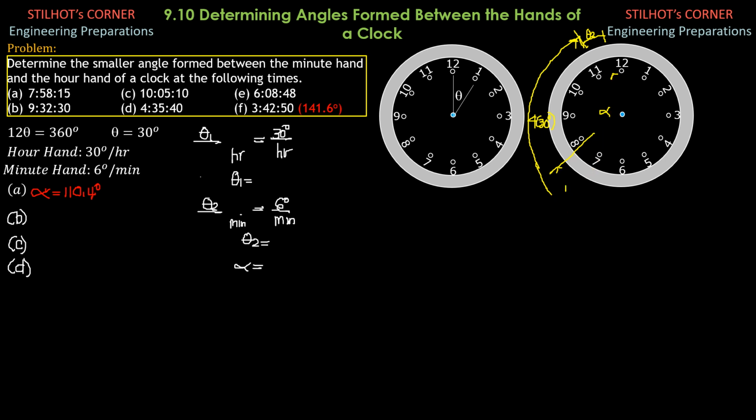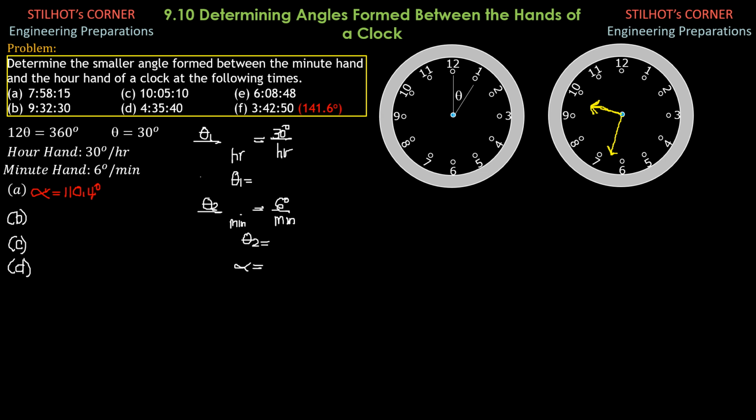We also draw another reading for that time, 9:32:30. So the hour hand should be between 9 and 10. So that's the hour hand. Then the minute hand is at 32 and 30 seconds. 2 and a half minutes is 2.5 minutes, so it should be exactly between 6 and 7.